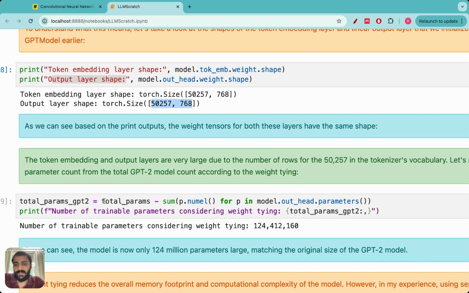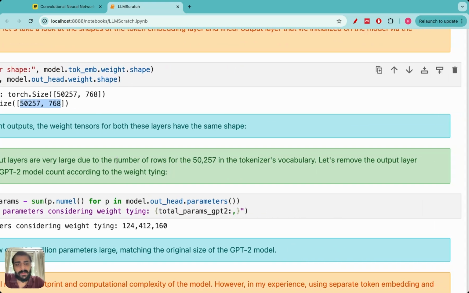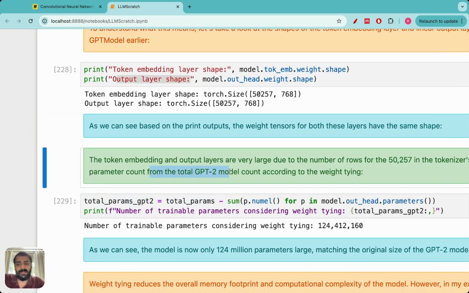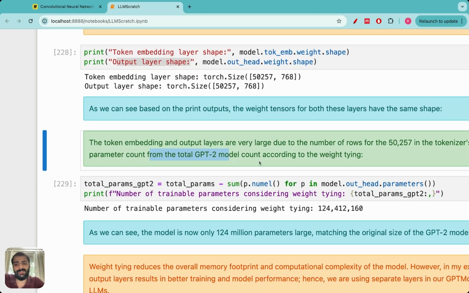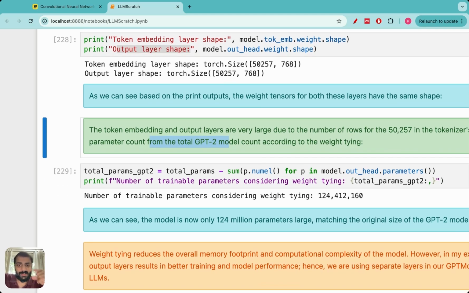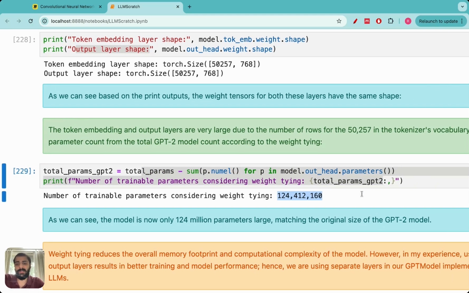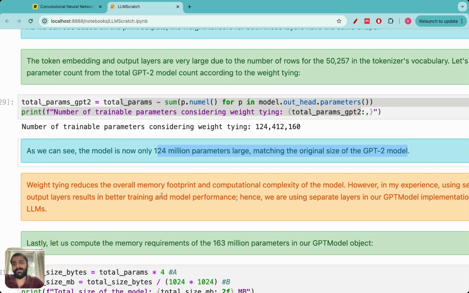So we can remove the output layer parameter count from the total parameter count and check the number of parameters. When the output layer parameters are removed, the total comes up to exactly 124 million parameters, which is the same size as the GPT-2 model.